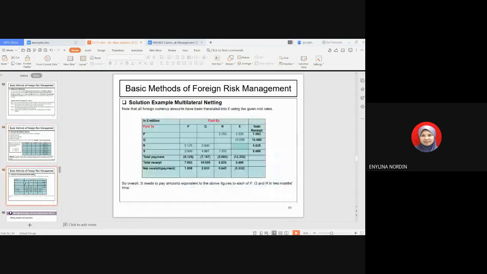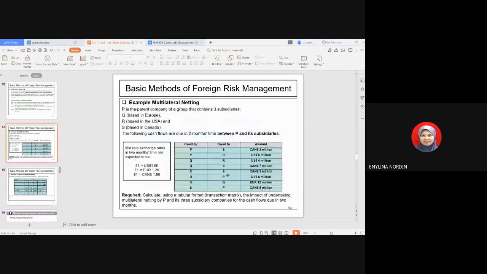It is 3.125. So that means P will pay to S, P will pay to R. Then you continue with other transactions, and you just put them into the table.